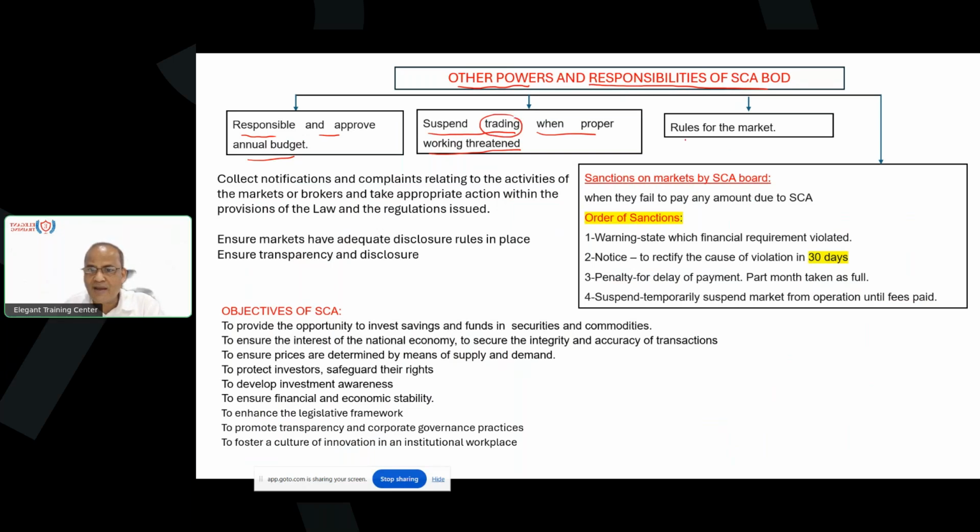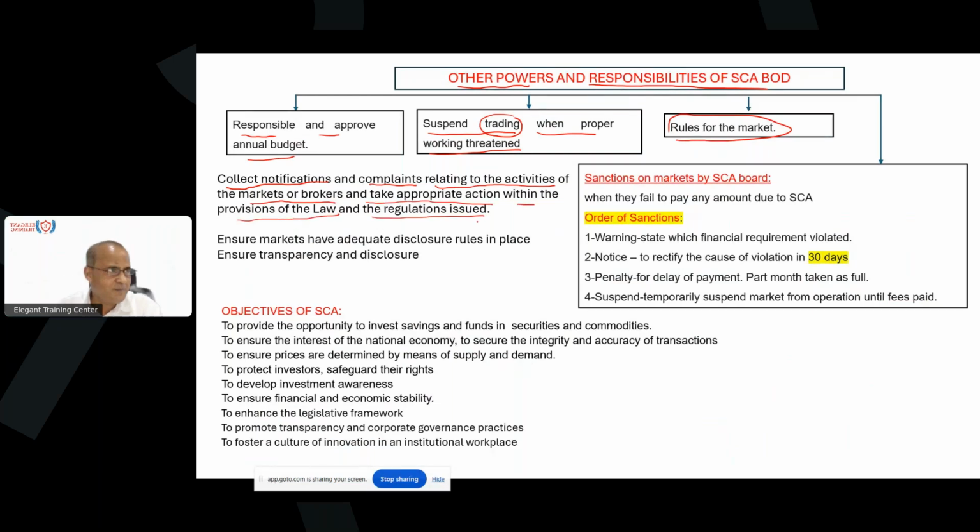Rules for the market are brought by the SCA. Clear? They collect notifications and complaints relating to activities of the markets or the brokers and take appropriate action within the provisions of the law and regulations issued.